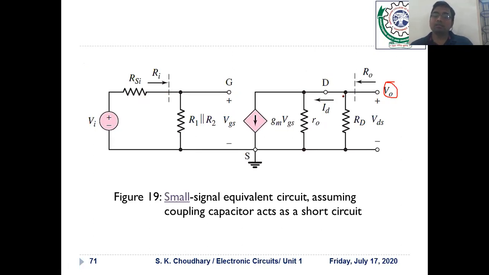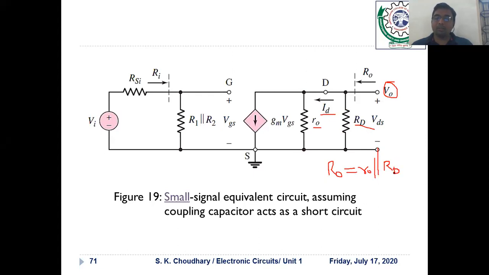This current is ID, flowing from drain to source, and the resistance across the output terminals is capital RD parallel small r0. Combined, we write it as capital R0 equal to r0 parallel RD.